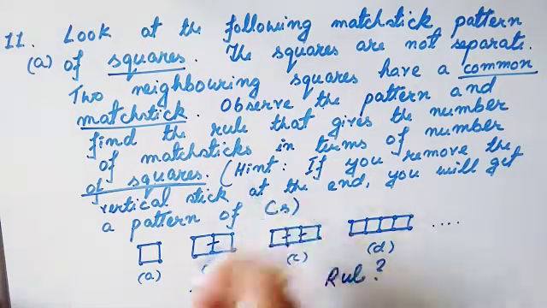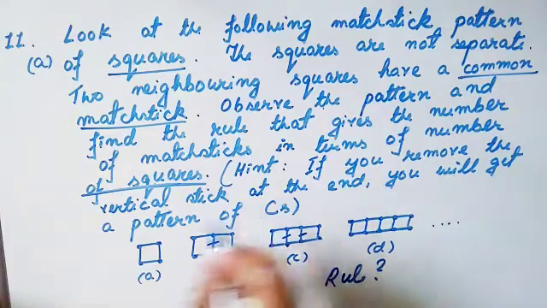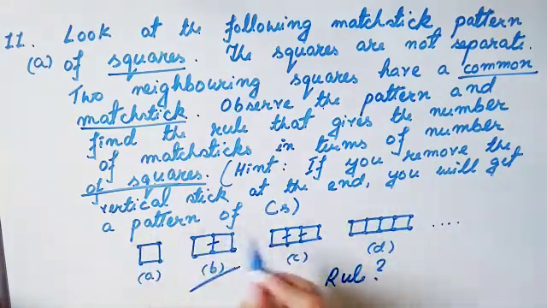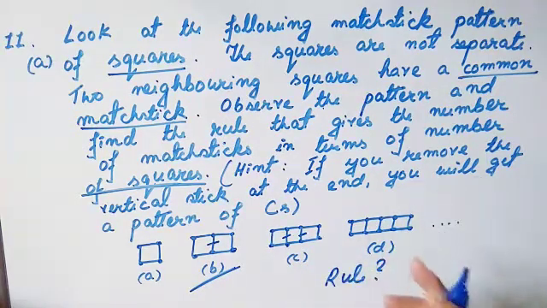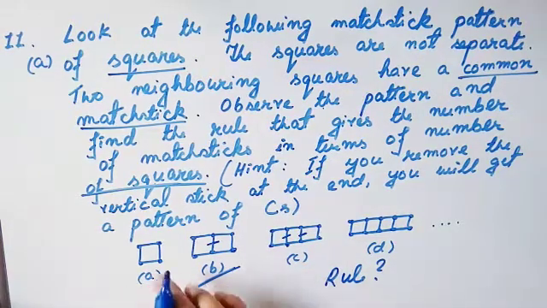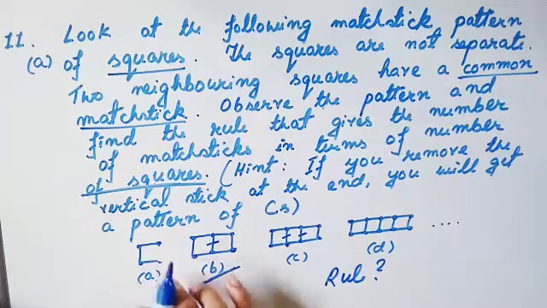And in the question, they have given us one hint on how to solve this question. And the hint says, if you remove the vertical stick at the end, you will get a pattern of C. Okay, it means that if we remove the vertical stick at the end, let's look at this first figure. If we remove this mastic which is at the end, then what do we get?